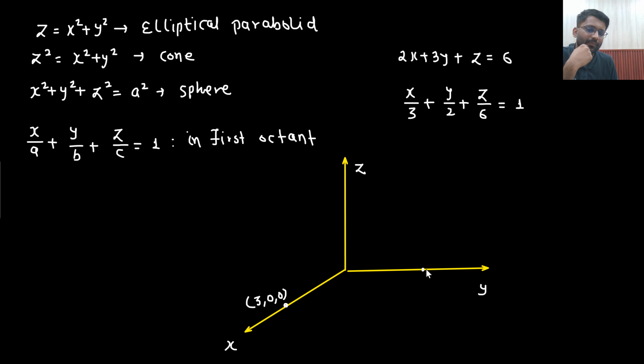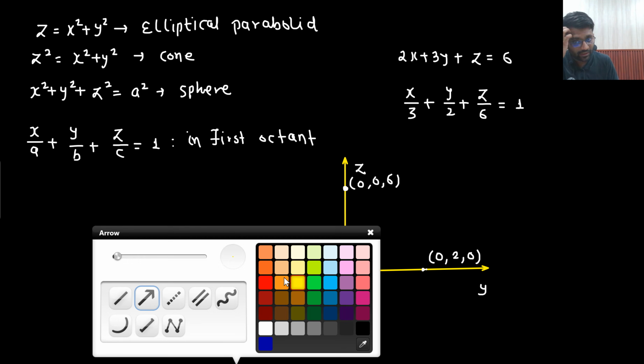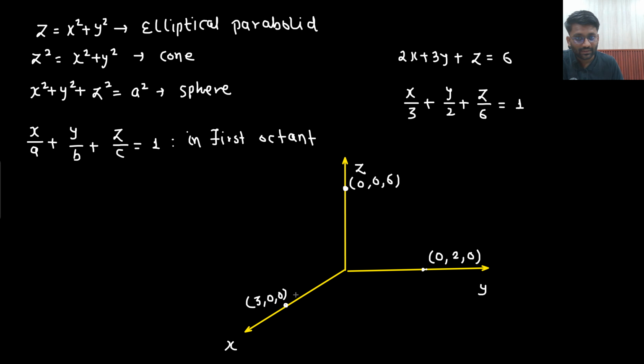On the y axis, the point will be x equals 0, y equals 2, z equals 0. And on the z axis, the point will be x equals 0, y equals 0, and z equals 6. So these are the points. Simply join these points.